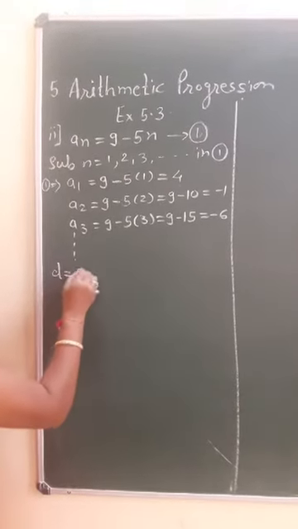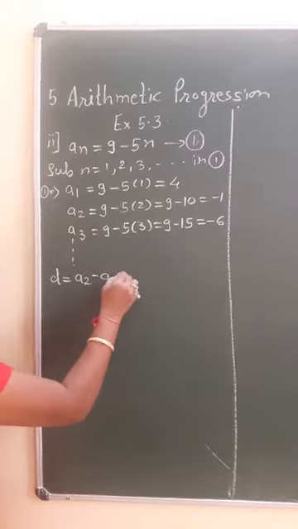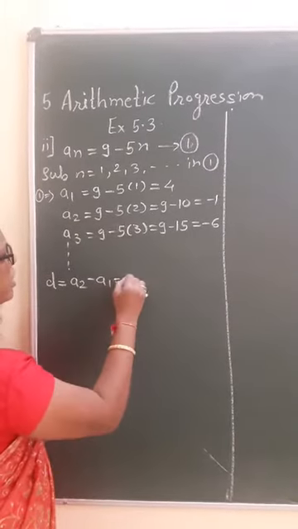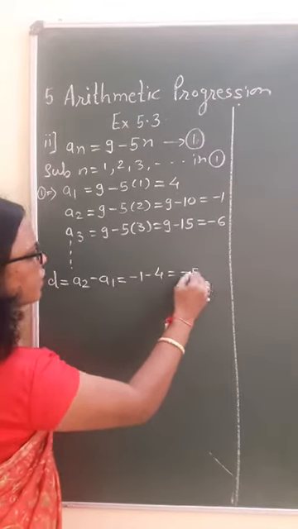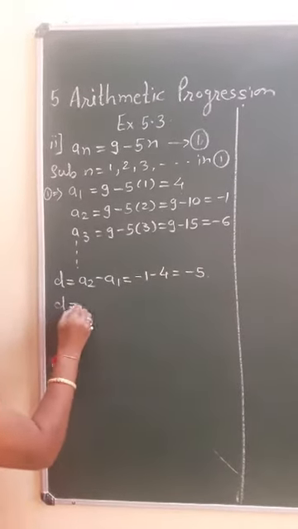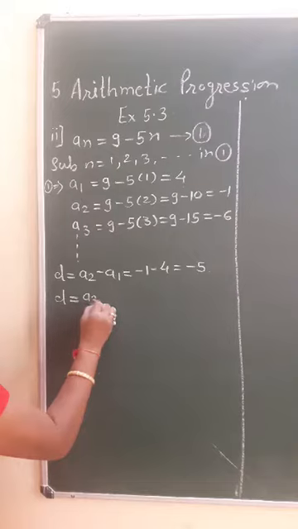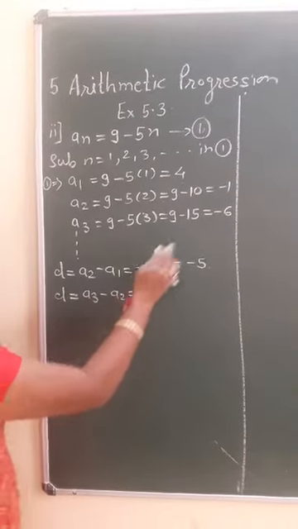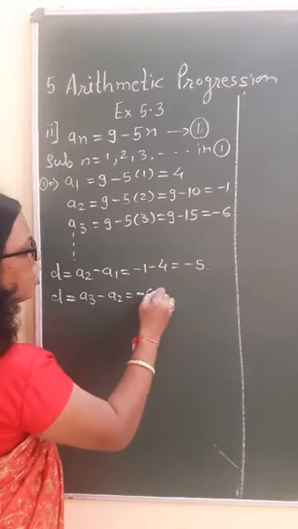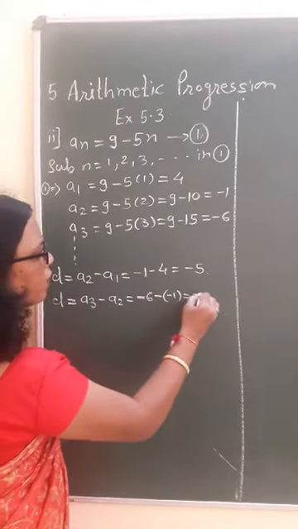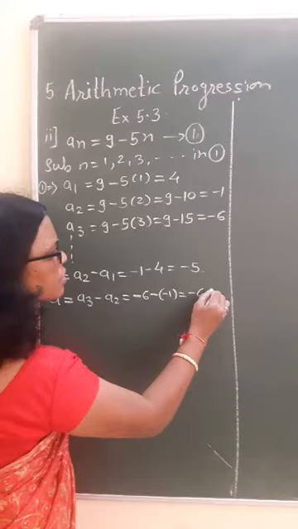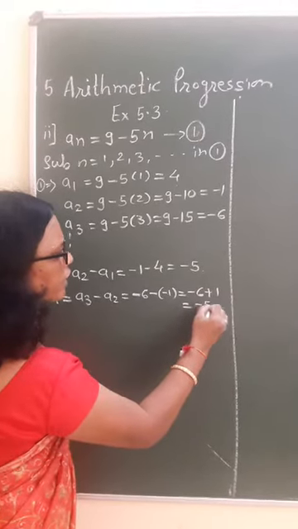Now we have to find D, that is A2 minus A1, which is equal to A2 that is minus 1, A1 that is 4, so we get minus 5. Again we will find D, which is equal to A3 minus A2. A3 is minus 6, minus A2 which is minus 1. So minus 6 minus into minus is a plus 1, and we get minus 5.